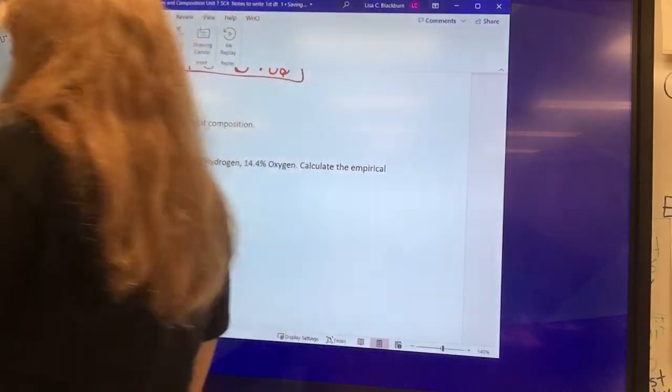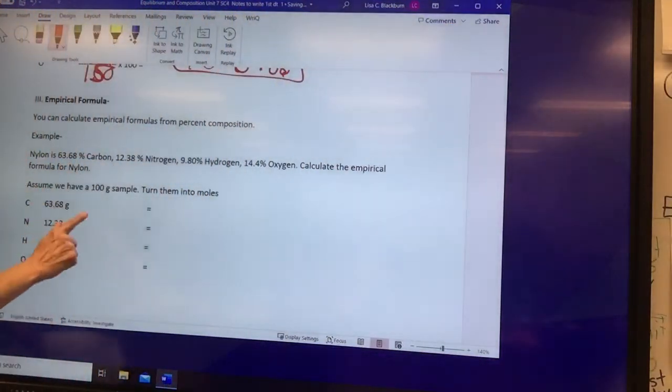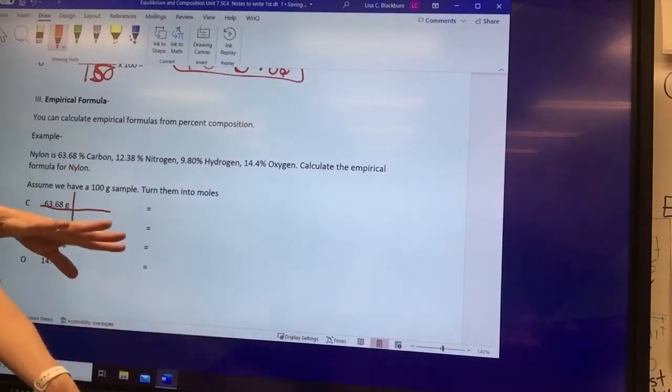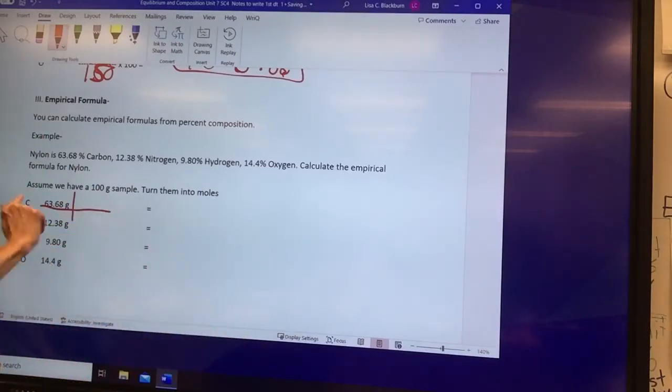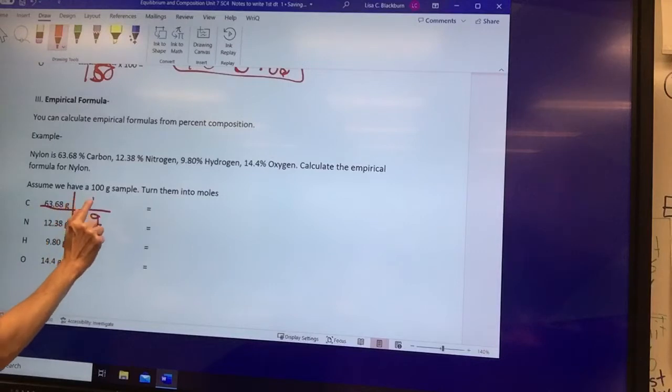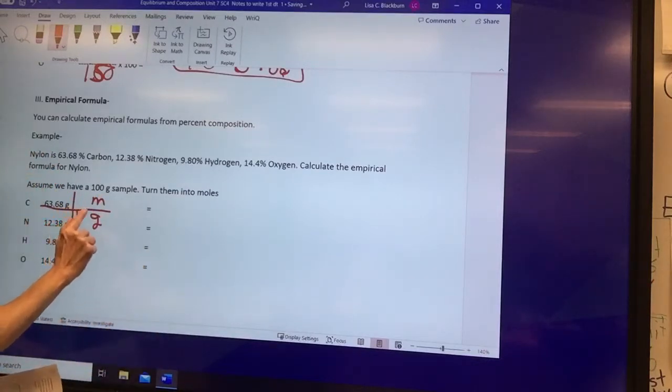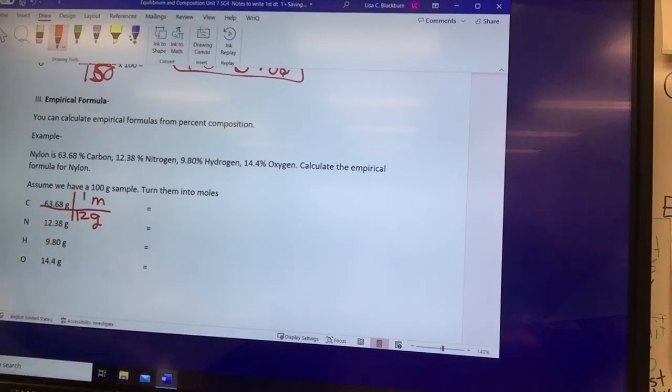So I take my grams and I make my railroad tracks. Oh no, they didn't go away forever. They're back. What goes catty corner? What do I push down catty corner with the sound effect? Grams. Okay, what goes on the other side of the grams? Moles. Okay, and then this is carbon, so it's 12 grams per 1 mole.